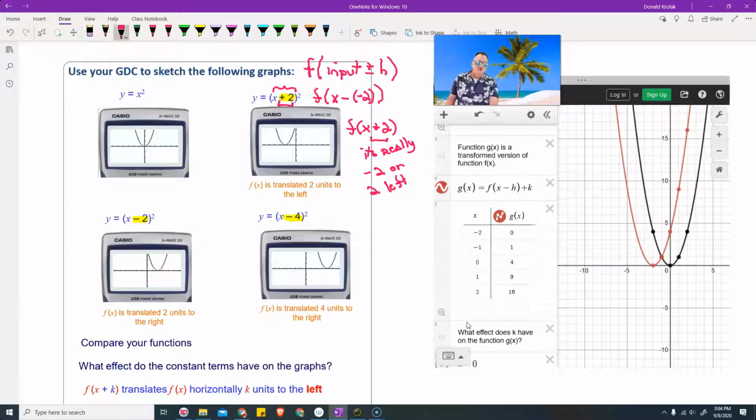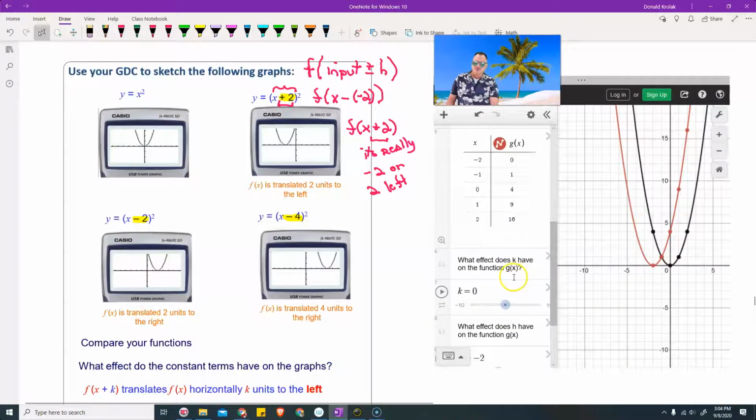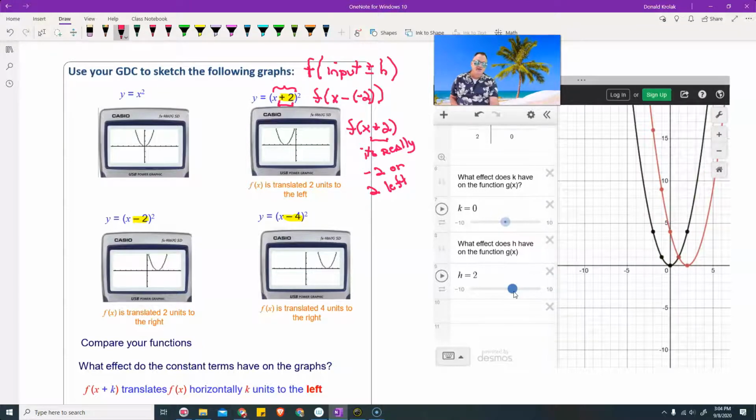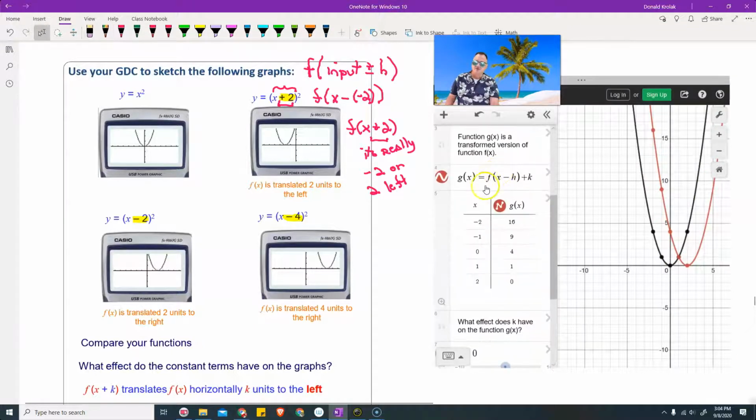So if I wanted that equation to look like x minus 2, then I'm going to make h positive. So as I move this to positive 2, and I write it in, I copy this formula right here for g of x. When I copy that, if h is 2, I just put a 2 in for h, and now those are the same, but what it did is it actually moved it to the right.